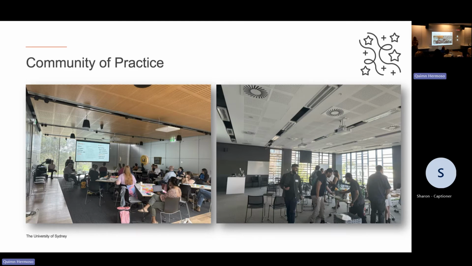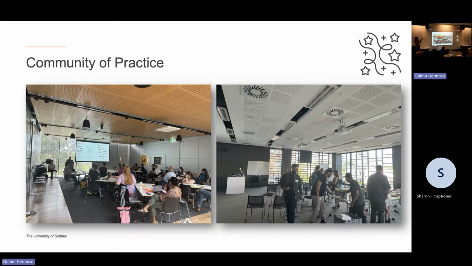What we're really trying to encourage here is people talking to each other across faculties, finding out the similarities in the challenges that they're dealing with and the solutions that they're coming up with, as a way to really encourage people to come along and interact with each other.